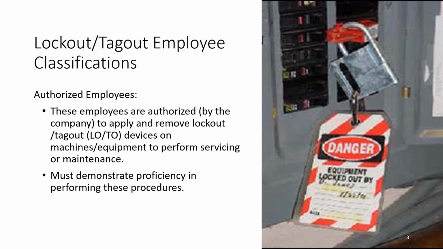There are all kinds of other hazards associated with that. But part of being the authorized employee, they must demonstrate proficiency in performing the lockout tagout. You just can't say we hired you as a maintenance person and go do maintenance person stuff. So authorized means that they're authorized by the company.